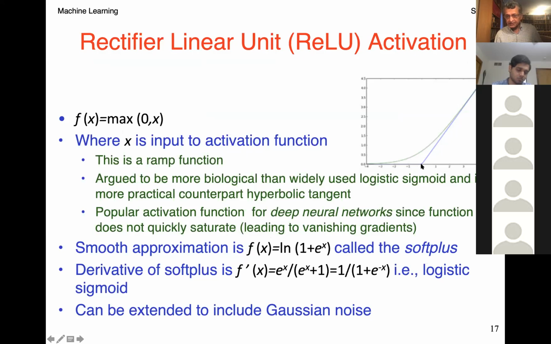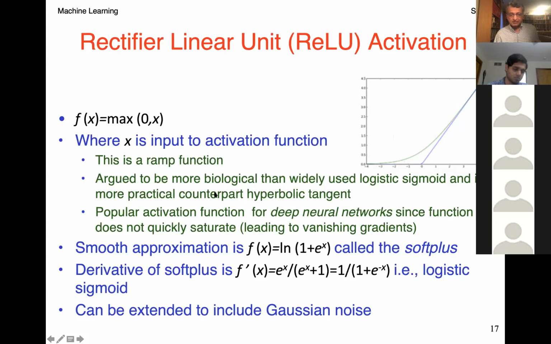It's at 0 and then goes off as a 45-degree line, where input and output are the same. So when you give me an input x that is negative, it outputs 0. When you give me a positive value, it outputs exactly that value. Where x is the input to the activation function, this is called a ramp function.